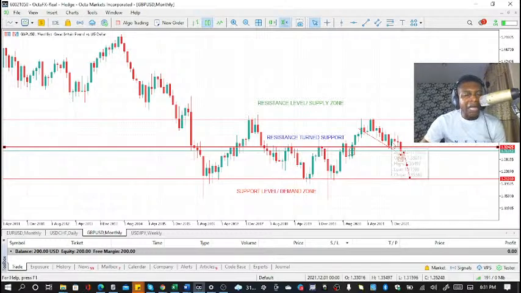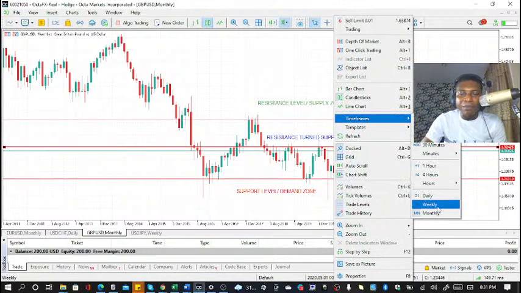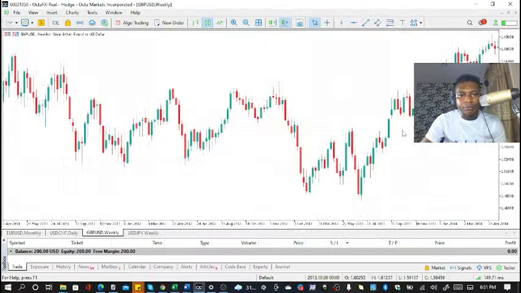All right, now this is a broader view. Now let's have a clearer view, which will be taking it down to the weekly time frame. You know, we moved from the monthly time frame. Now we are moving to the weekly time frame.